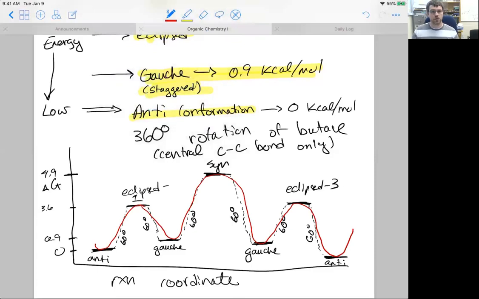There's some symmetry to it. But that is the potential energy surface and the energy diagram for CC rotation of butane. And what's the rate determining step for a full 360-degree rotation? The rate determining step, the highest transition state energy, would be the syn conformation, and it's the conversion of a gauche conformation to a gauche conformation.